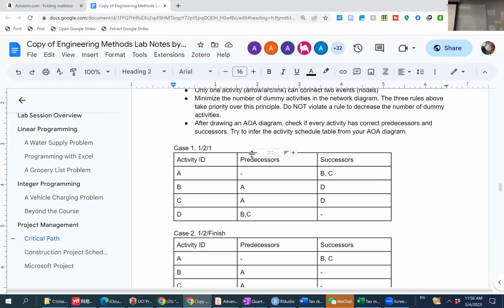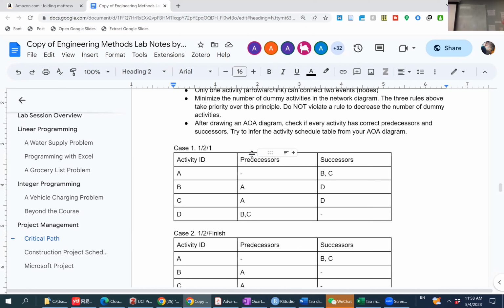In this case, we also need a finishing node. If it's not labeled as any of the activity, we need to create a circle, name it finish, and C and D go to this.